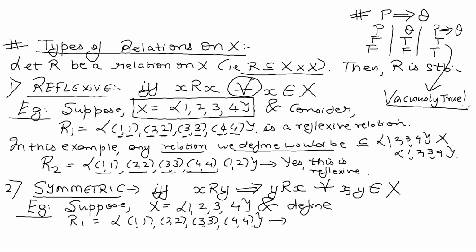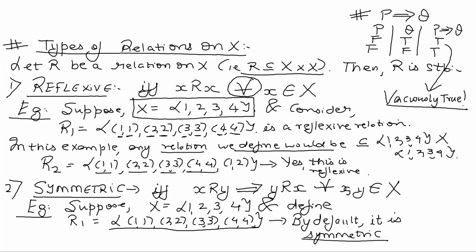So if the hypothesis itself is false, do you need to worry about the conclusion? No. So in this, is x related to y? No, x is only related to itself. So if the hypothesis itself is not holding true, by default, it is symmetric. So when will it not be symmetric?